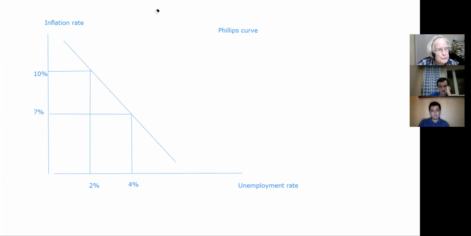The problem is to try to explain why this trade-off between inflation and unemployment may quickly break down so that the Phillips curve is no longer valid.